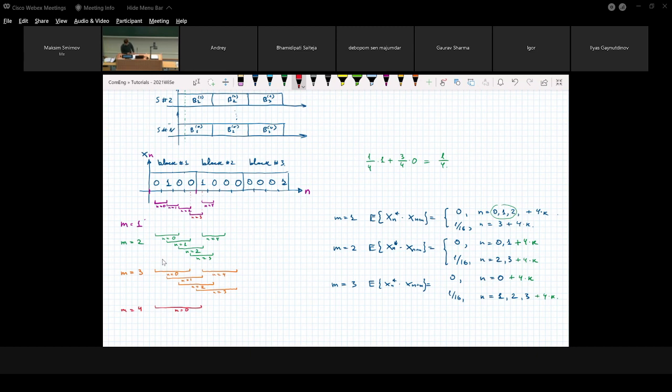Immediately you see that for m equals to 4, actually I can write for m larger or equal than 4, we are always analyzing independent samples. And regardless of the shift n, we always have the same autocorrelation.